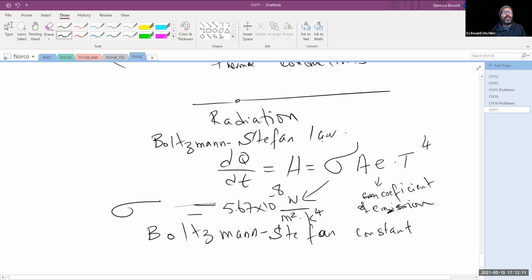Down the road, when we study black body radiation and explore other ideas related to this radiation, it's probably not going to be in this class, maybe in physics 4C. Basically, it has to do with electromagnetic waves. It has to do with light, because we can see the sun since electromagnetic light travels through vacuum. This does not require a medium, by the way. No medium required.